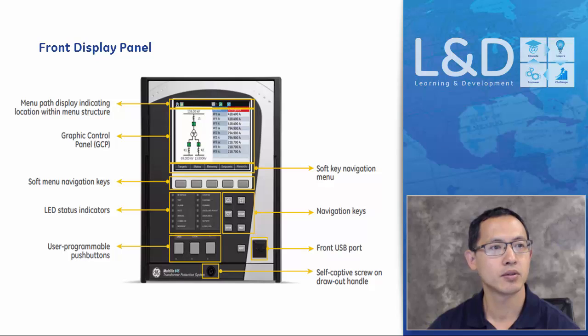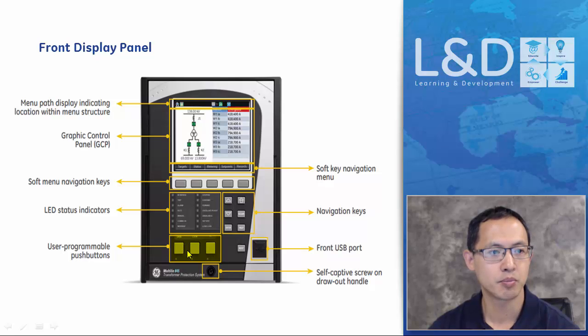The front panel of the relay has a big graphic control panel, GCP. On the GCP, there are 5 soft keys corresponding to the labels, and there are 17 LED indicators.